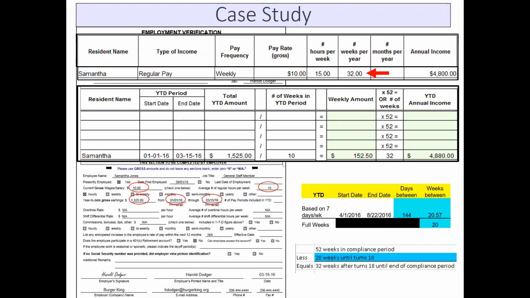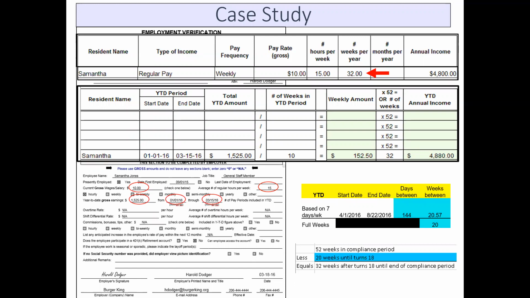And notice when you use a number other than a full 52 weeks, on the HEC there are some blank lines at the bottom of the year-to-date calculation field where you can put in the number of weeks. So in this case, I put in the 32, and that calculates out then for us.